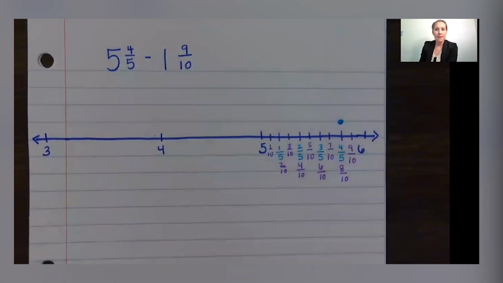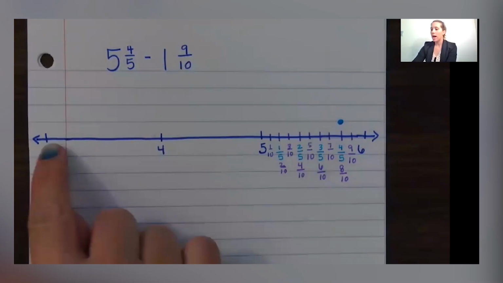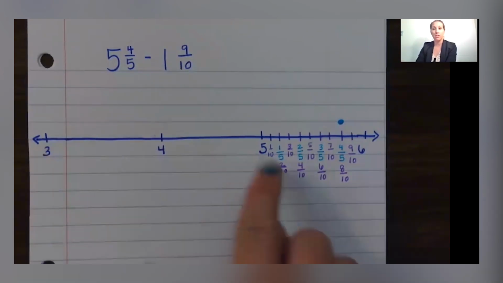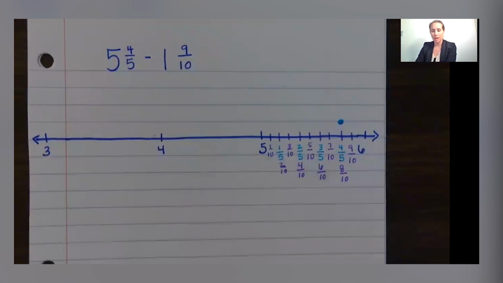Fabulous work. Now, if we're going to subtract, do you think it's important to label the rest of our number line? I think that is important. And so let's go ahead and do it. Let's take a moment to cut between 3 and 4 and 4 and 5 into tenths and label those.